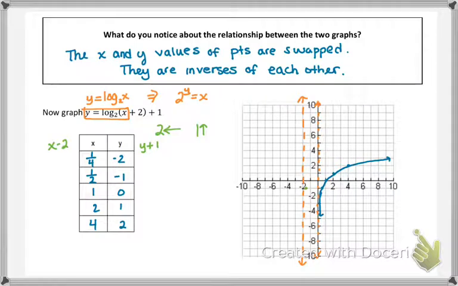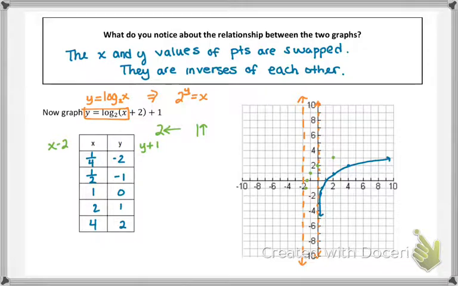And then 1/2, -1 is going to go over left 2 and up 1. 1, 0 is going to go over left 2 and up 1. 2, 1, left 2, up 1. And 4, 2 is going to go left 2, up 1.